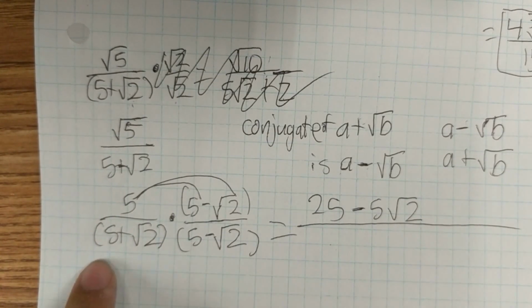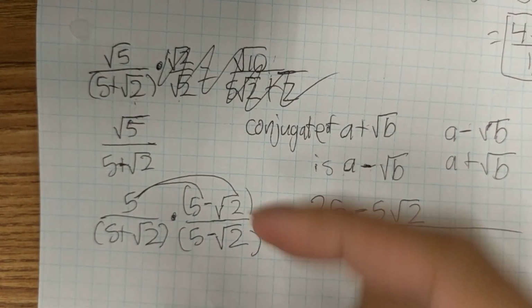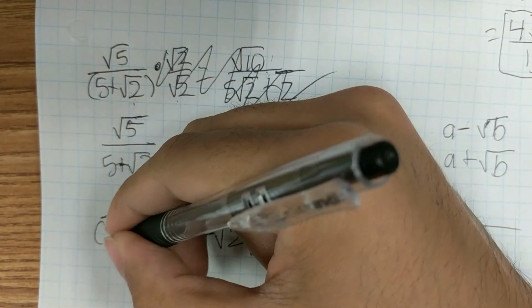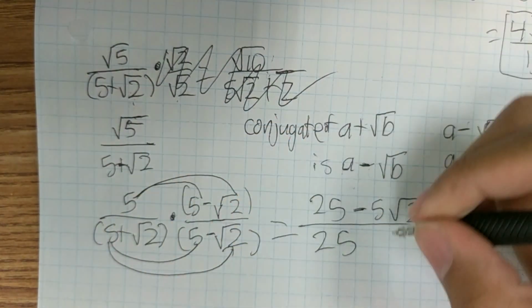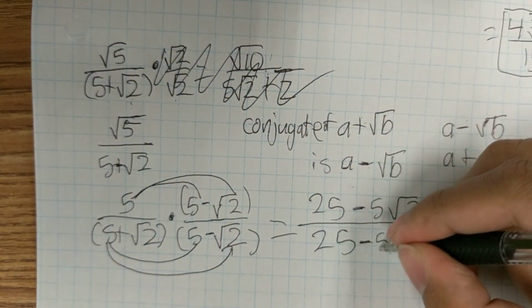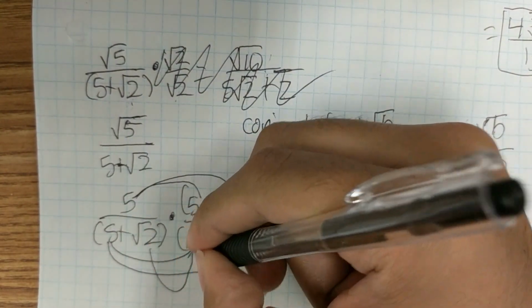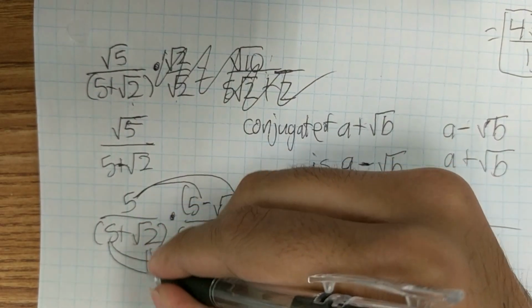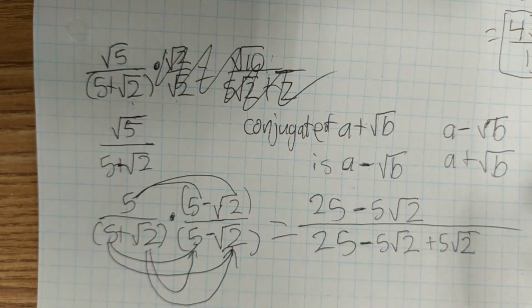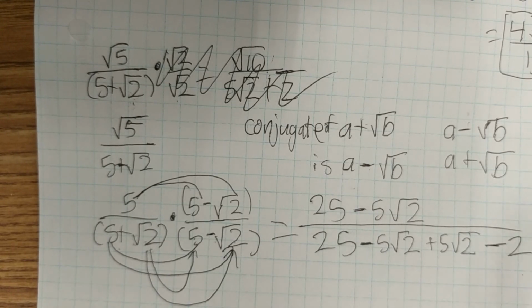Okay, the denominator, we have a binomial times a binomial, so we need to apply the distributive property. So 5 times 5 is 25. 5 times negative radical 2 is minus 5 radical 2. Okay, positive radical 2 times positive 5 is plus 5 radical 2. And then positive radical 2 times negative radical 2. So positive times negative is negative, but then radical 2 times radical 2 is regular 2.